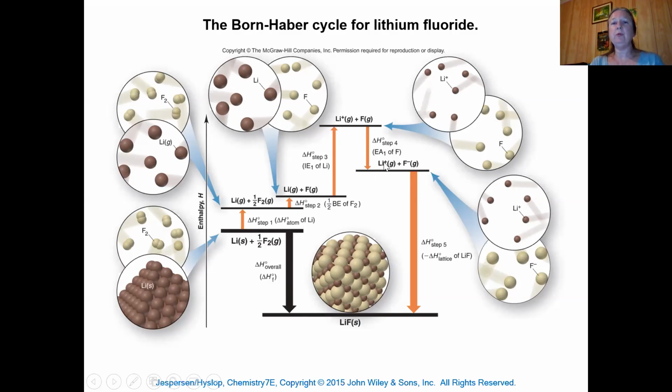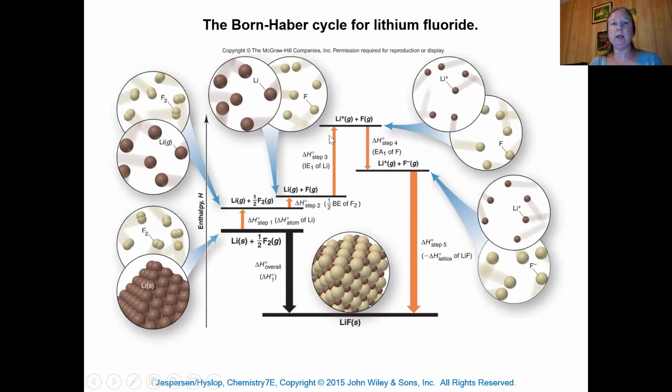Now you have two separate ions. These will come together, not individually but in a lattice, and the formation of that lattice releases a tremendous amount of energy, and that pays for all of these steps up here, the individual steps that require energy to prepare the ions for their final formation.